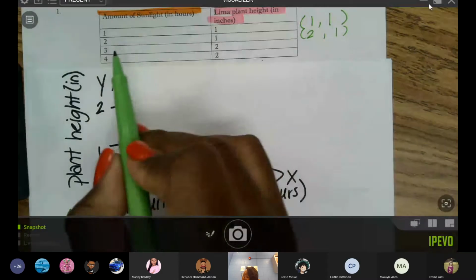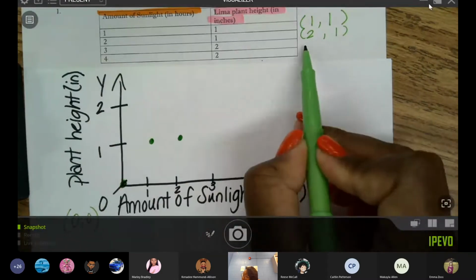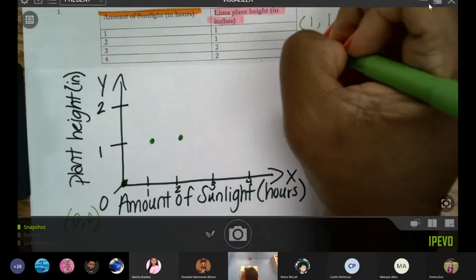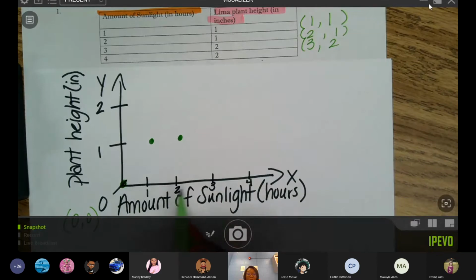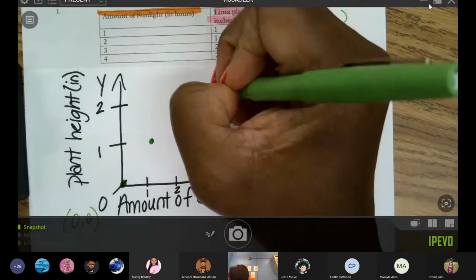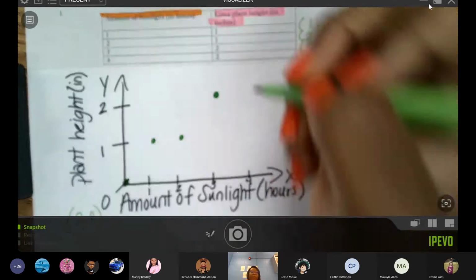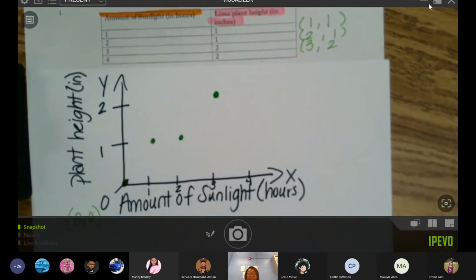What's our next ordered pair? 3, 2. So I'm going to move over 3 on my x-axis and up 2 on my y-axis and put my point there. You should too.